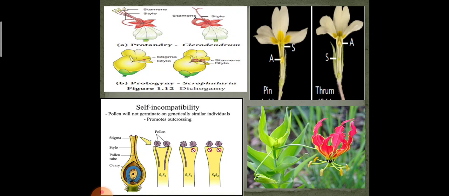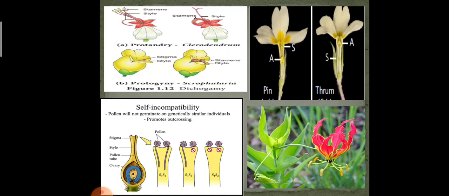The third type is self incompatibility. What does that indicate? Pollen will not germinate on a genetically similar individual. This diagrammatic representation indicates that. The stigma consists of S1 and S2 type of genotype. But the pollen grain at the upper side, in the first diagram, S3 and S4, will form a pollen tube. Of S3 and S1, only S3 will form a pollen tube.